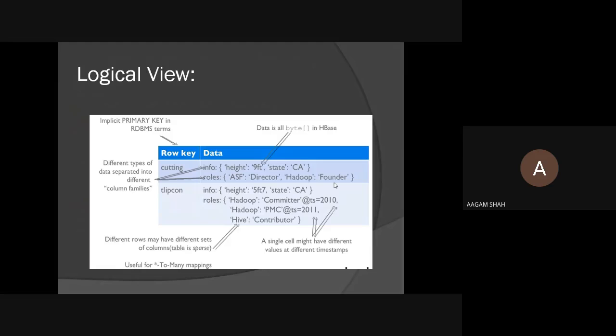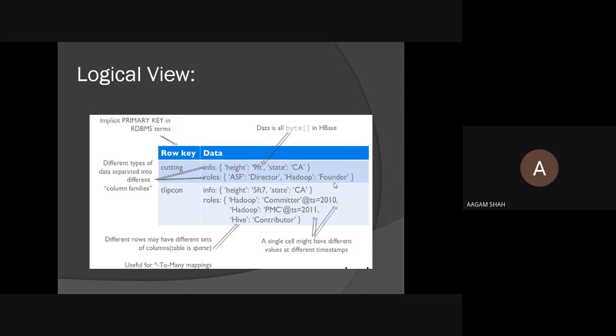HBase is based on Google's Bigtable model, that is key value pairs. So this is the logical view. Here we see the row key, that is every row consists of the row key, which is like an implicit primary key in RDBMS terms. In the data section, all the data is in byte arrays as we discussed earlier, and every piece of data is separated into different column families, like info, height, 9 feet, state, and CA.